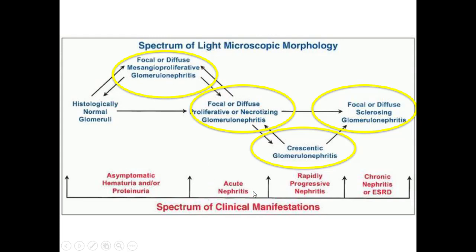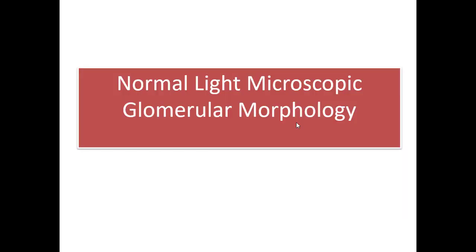But acute nephritis means surely I should have a focal or diffuse proliferative or necrotizing glomerulonephritis. If I have rapidly progressive renal failure, I will find crescentic glomerulonephritis. If I have chronic nephritis or end-stage disease, surely I will find in the tissue diffuse sclerosis and glomerulonephritis. Again, I will describe these terms in the next few slides.